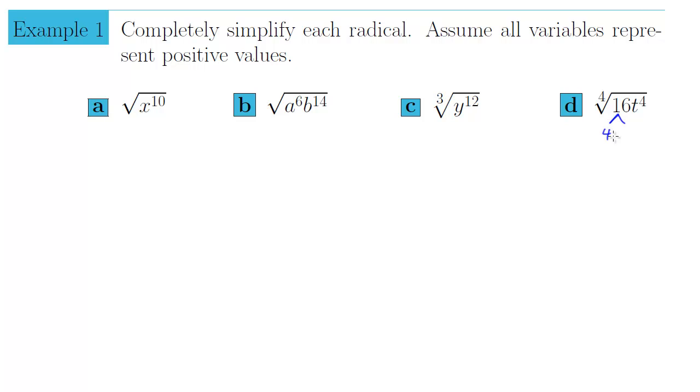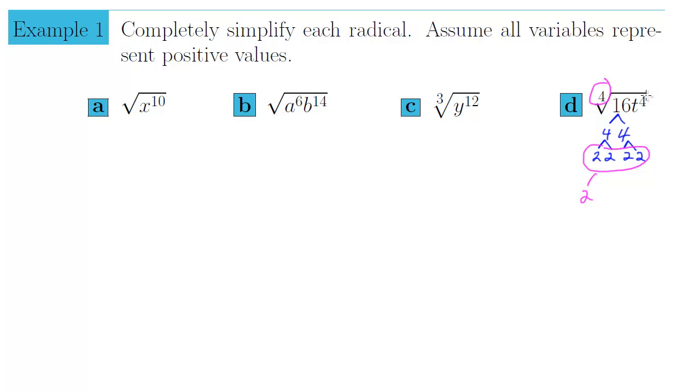It's 4 times 4, and then each 4 gets factored down into 2 times 2. And then because I'm dealing with a 4th root, I have to look for groups of 4 in here, which it just so happens there are 4 groups of 2. So that's going to give me a single 2 on the outside, with no factors of 16 left on the inside.